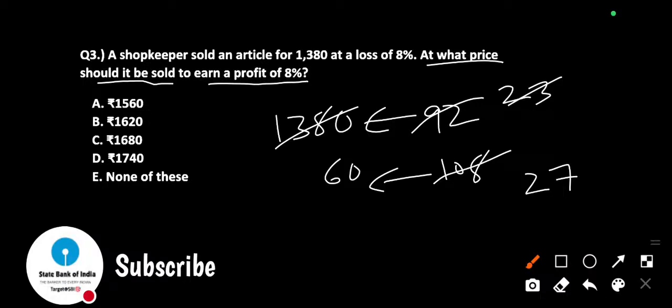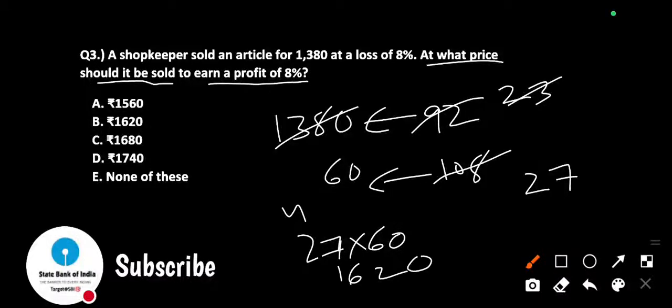So we have 60 into 27 as our answer. So 27 into 60, which gives 1620. Option B is our answer.